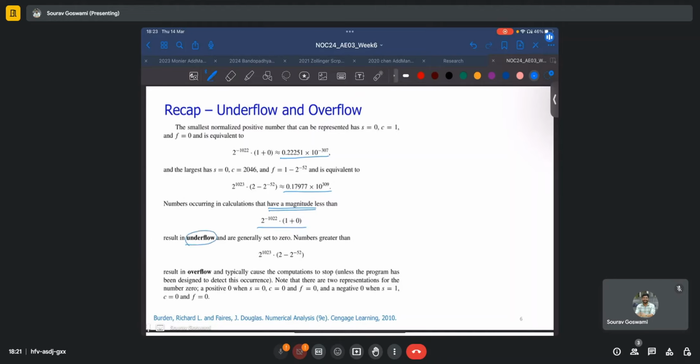Similarly, any numbers greater than 2 to the power 1023 times 2 minus 2 to the power minus 52 result in overflow. What it physically means is that the number is simply too large for the computer to understand and work with. So unless we have special arrangements in place, encountering any such number will simply lead to a stop of computation.